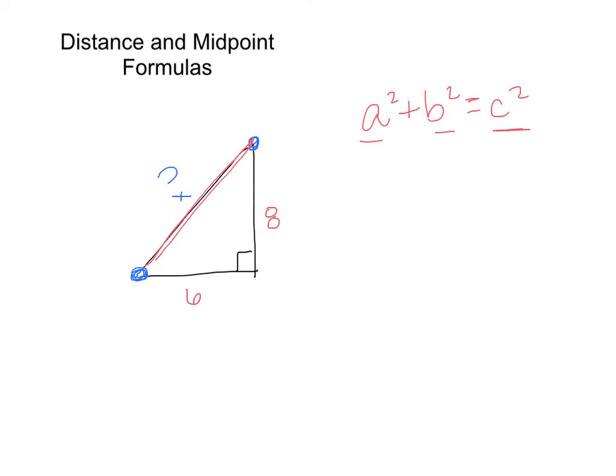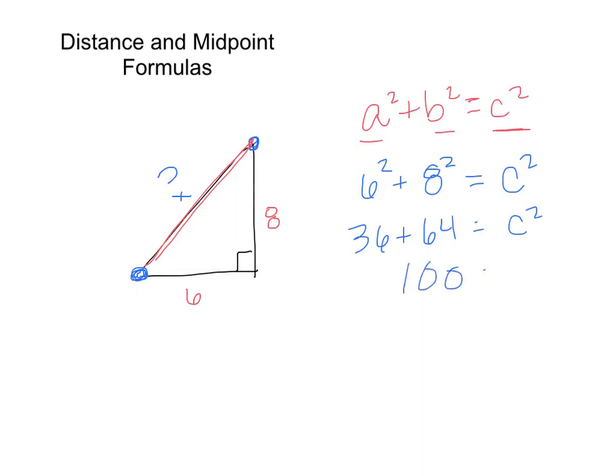Alright, so let's do this. So we have 6 squared plus 8 squared, and that equals c squared. So 6 squared is 36, and 8 squared is 64, which gives 100 equals c squared. And keep in mind we want to find c, so we're going to have to take the square root of both sides.